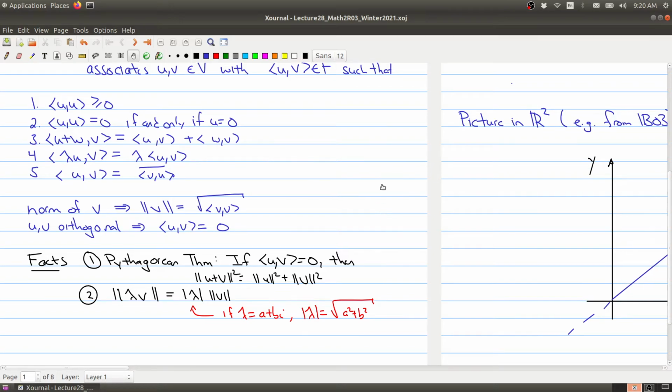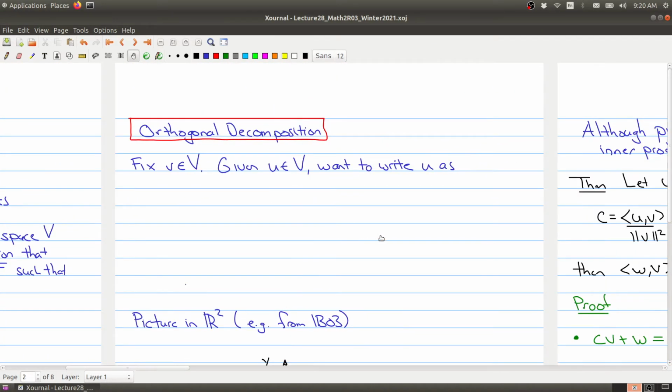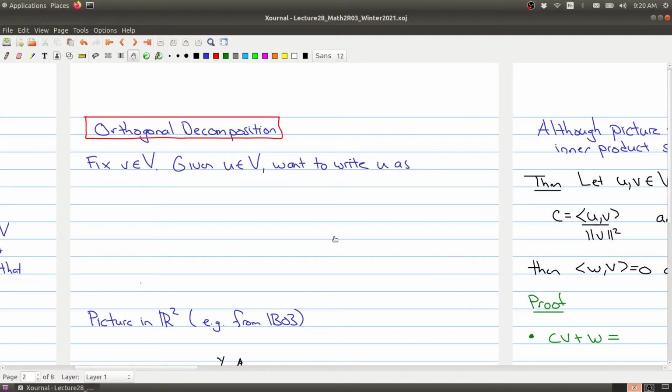The first new thing that we want to talk about in part 1 here is orthogonal decomposition. Orthogonal decomposition is something that you would have seen in Math 1B03, but let me give you the initial setup. What you're doing is you're fixing a vector v, and then given any vector u, you want to write u in the form u equals u1 plus u2.